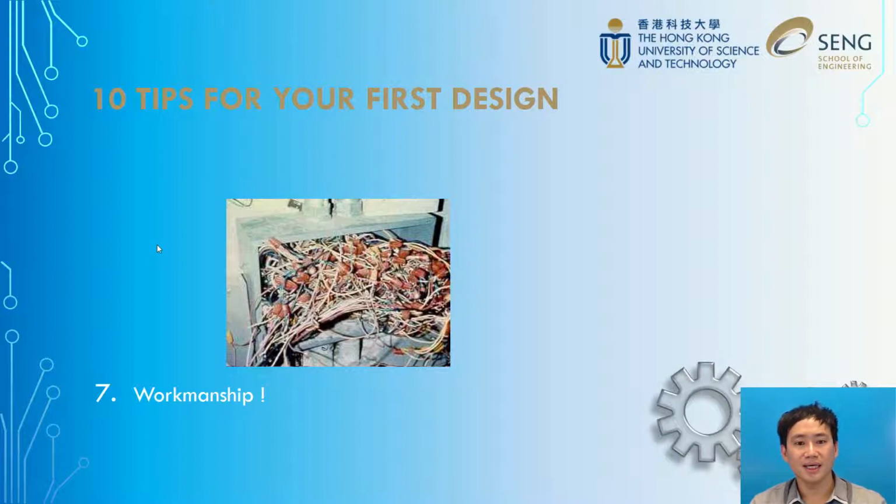So bear in mind, don't just spend time on the design. Try also to spend more time on the process of building the prototype. Make sure that you have good workmanship, and that you put in the parts and components the way you designed it at the very beginning.